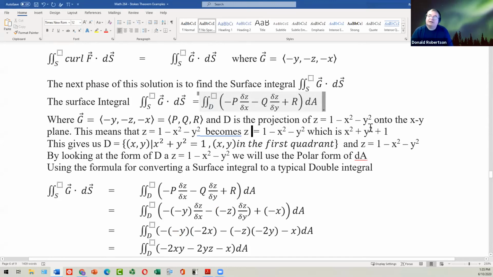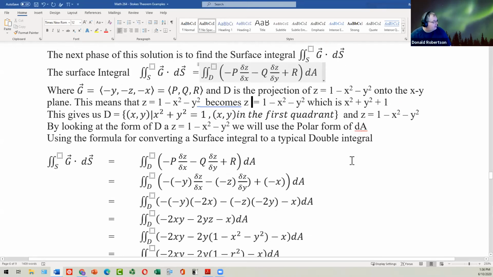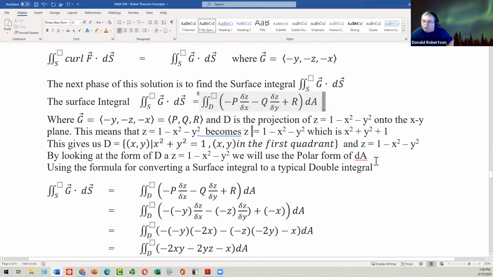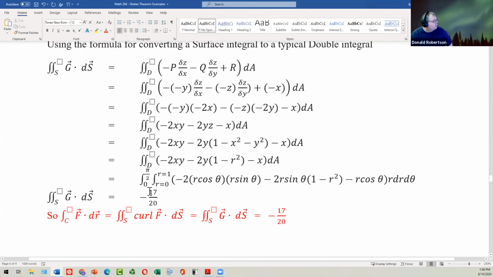Ah, but wait a minute. Is it the whole circle? Or was there some restrictions on it? It was in the first octant. When you drop that on the floor, doesn't that become the first quadrant? So that means I'm only doing a circle from 0 to ½ pi. So if you're wondering, I went polar on you, right? So if you're wondering where 0 to ½ pi is, that's where that's going to come from.